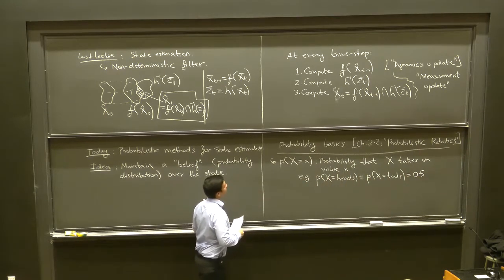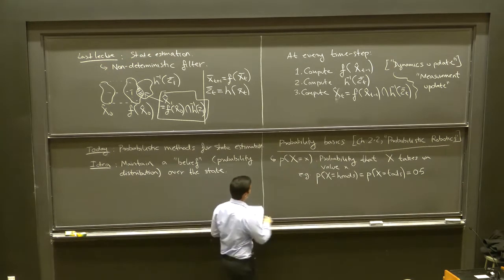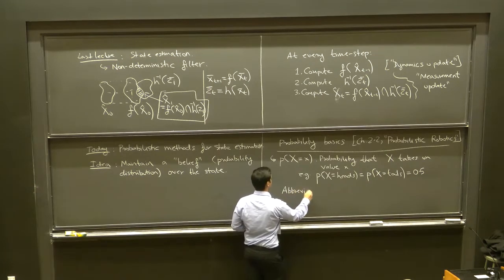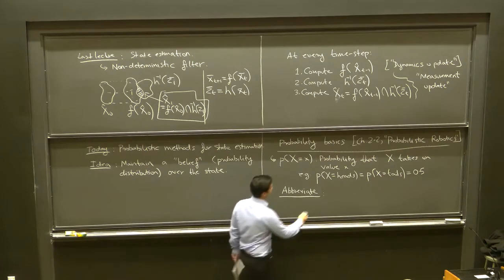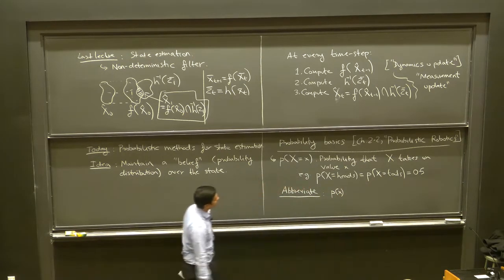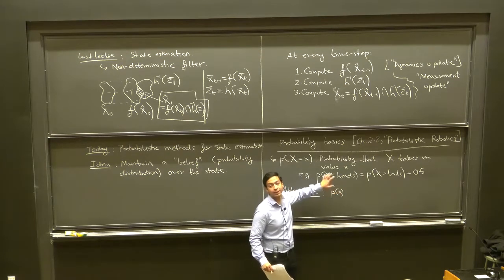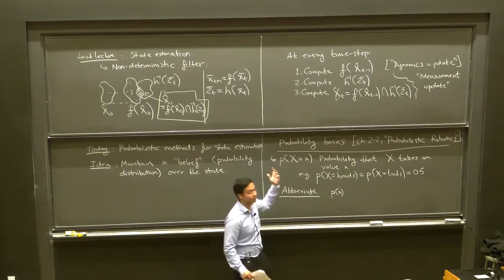And usually we won't write everything out fully like this. We're just going to abbreviate. So we'll write just p of little x. From context, it should be clear that what we really mean is the probability that some random variable takes on value little x.